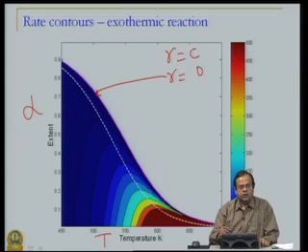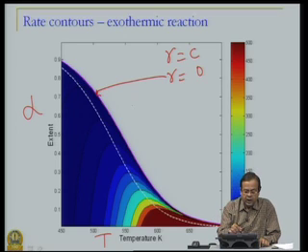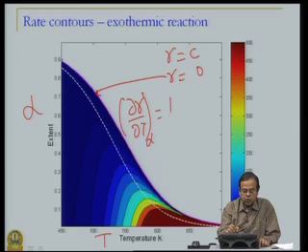Once again our color scheme is the same. We have dark brown, which represents high reaction rates, to dark blue, which represents lower reaction rates. Let us go back and write this particular relationship which we saw earlier.